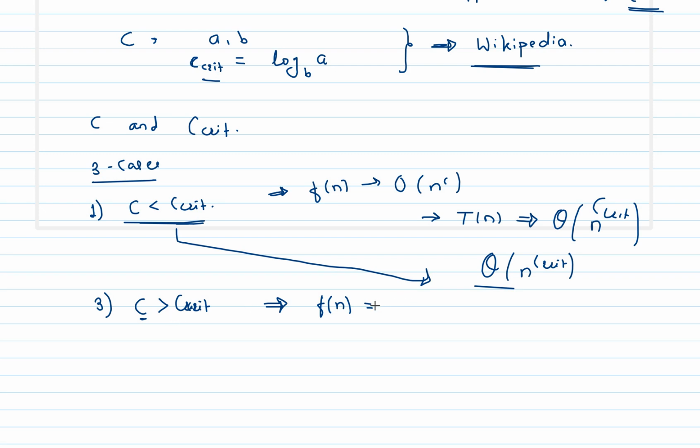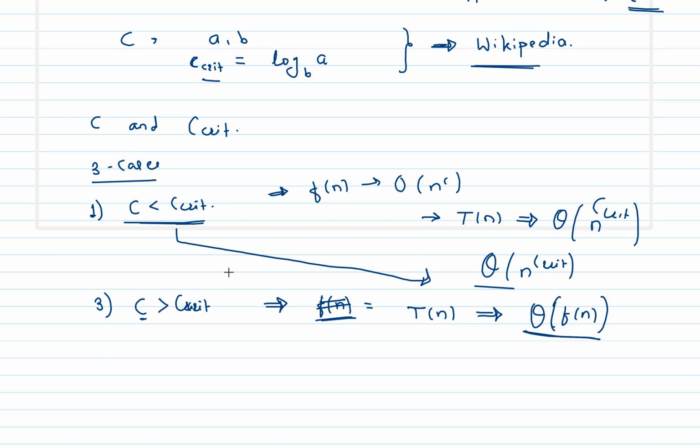So we don't need to compute the complexity of f of n in this case. We can just directly write the complexity of T of n as theta of f of n. So whatever f of n is there, that f of n is written as the complexity of T of n.